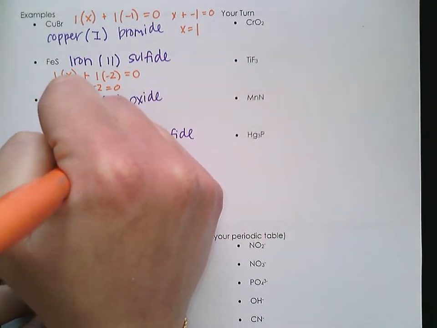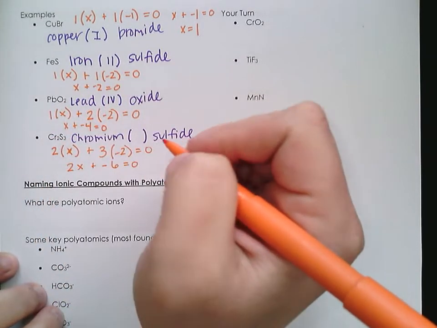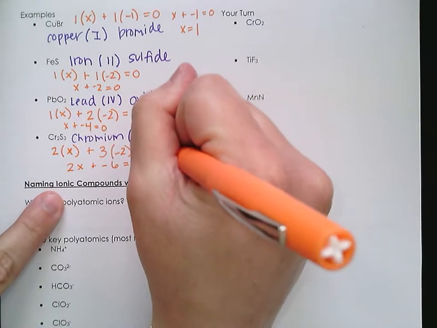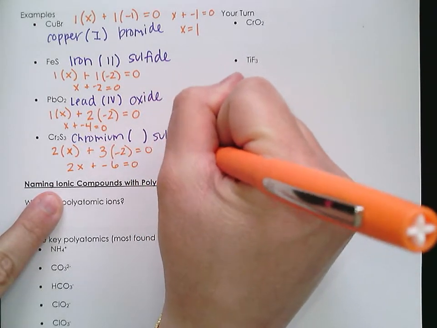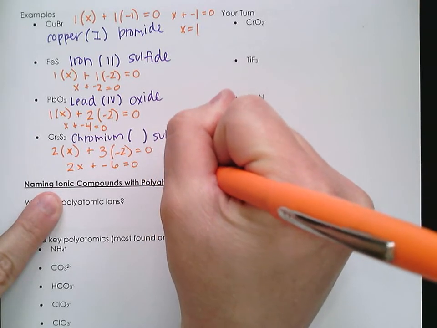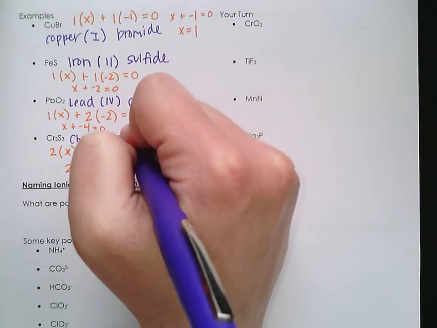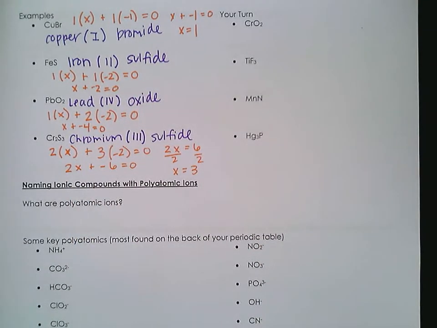So I have 2x plus -6 equals 0. So I'm going to add 6 to both sides. So I end up with 2x equals 6. Then I need to divide both sides by 2. So x equals 3. So my final name for that one's going to be chromium 3 sulfide.